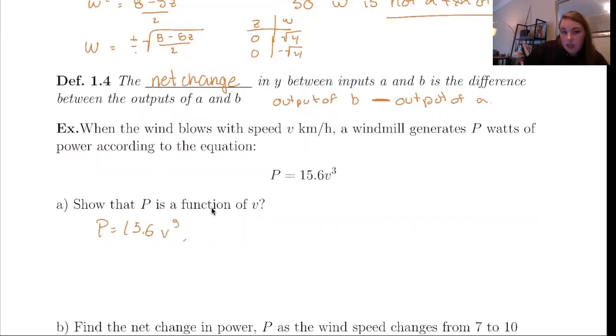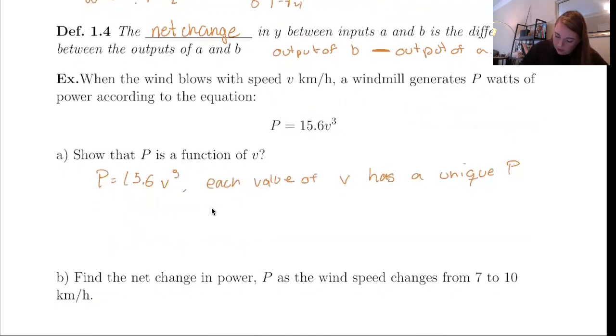So we can just say that each value of V has a unique P, and that unique means it only has 1. Okay? And that's all.